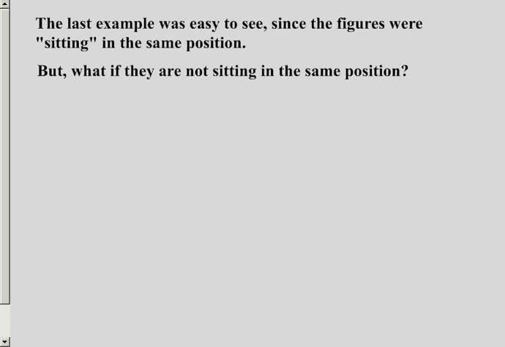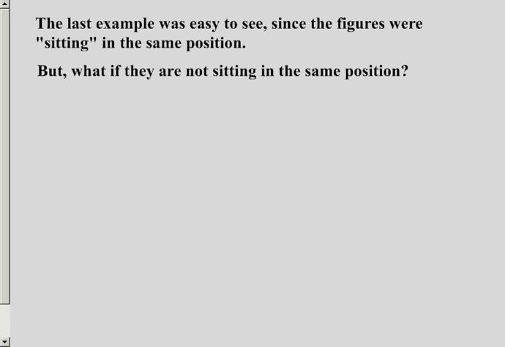Now, that was kind of a baby step problem. Okay, in the last example, it was very easy to see that the figures were going to be congruent since the figures were basically sitting in the same position. But in the problems that we're going to run into at the high school level, many times your figures will not be sitting in the same position.